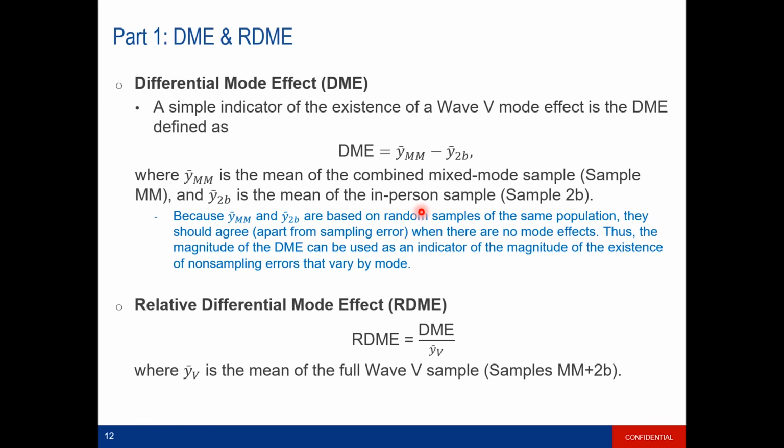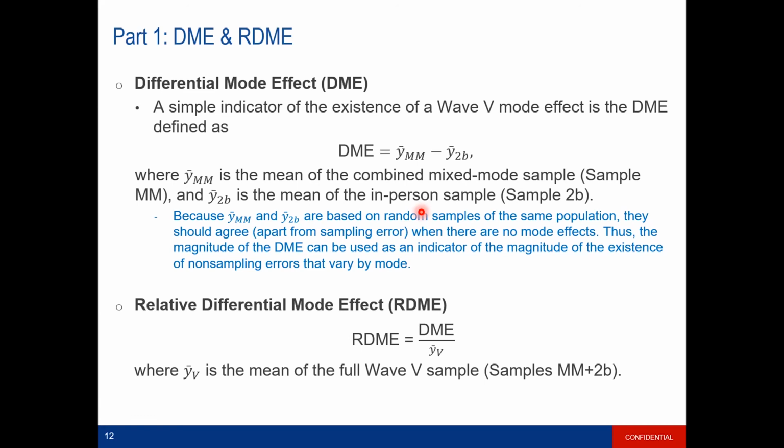So they should agree with each other if there is no mode effect. So the magnitude of the DME can really be used as an indicator of the magnitude of the existence of non-sampling errors that can vary by different mode.